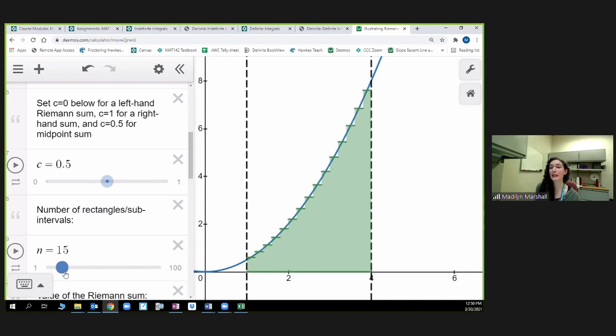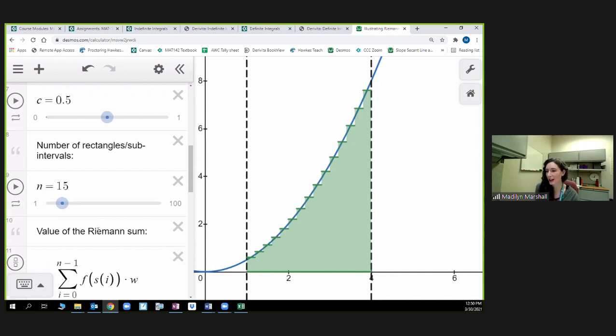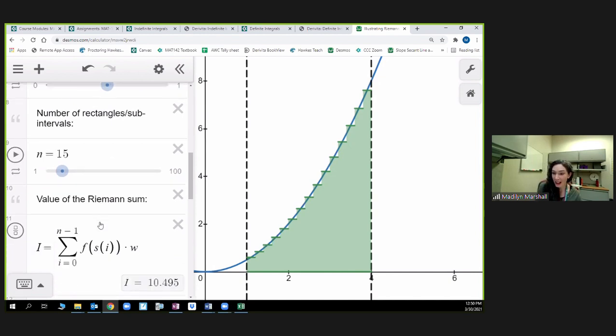So these are called Riemann sums because we're adding up the sum of the areas of each of these rectangles, and Riemann came up with this idea. But of course, we have modern calculus. Well, this is actually early days calculus, but this sum that's written here on this left side, the value of the Riemann sum, this is the sum notation of what we're looking at here, which you're not going to have to use.